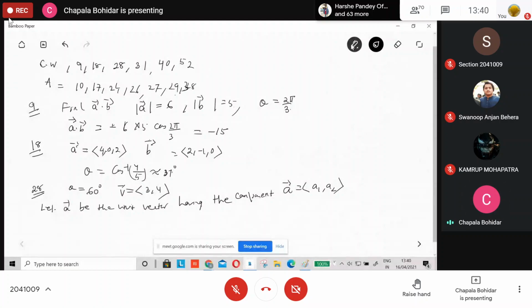So I am considering A as the unit vector here, then the absolute value of A, that is equal to 1, is equal to root over of A1 square plus A2 square.